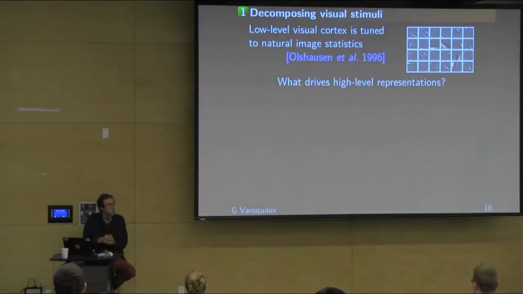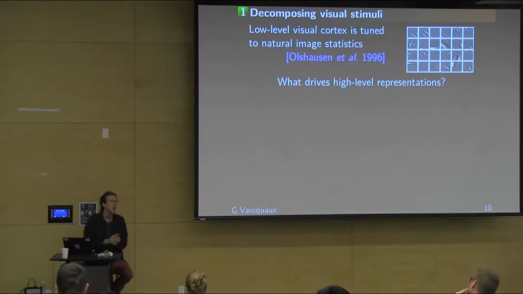So how do we decompose visual stimuli? There's a hypothesis that the low-level visual cortex is tuned to edges, because those edges are really the simplest way we can describe natural images.